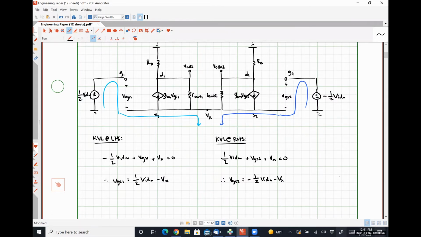So before we do this next step, we are going to make an assumption here. And that assumption is that our transistors are matched.